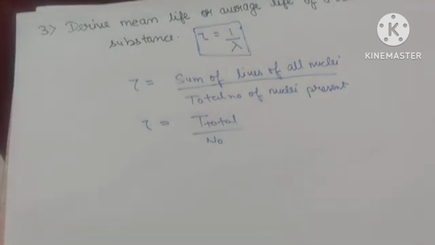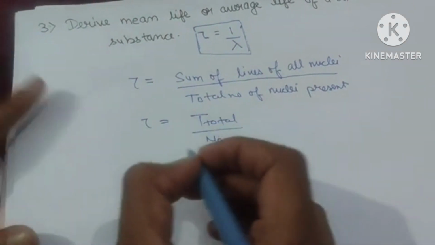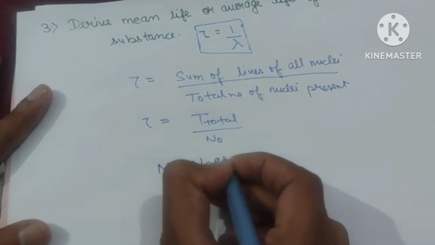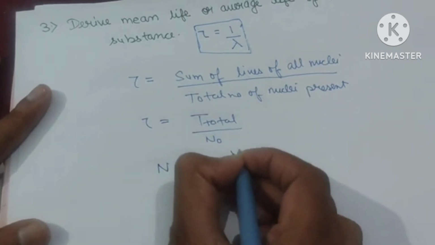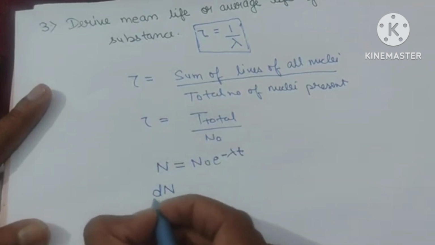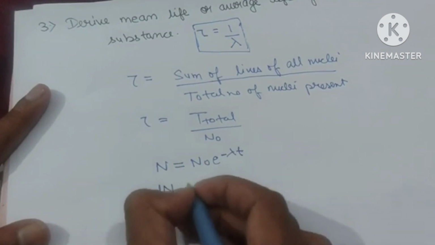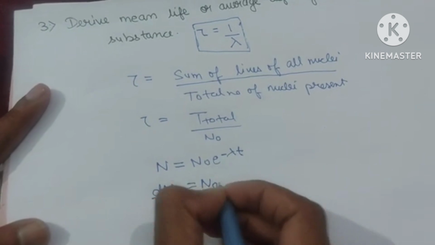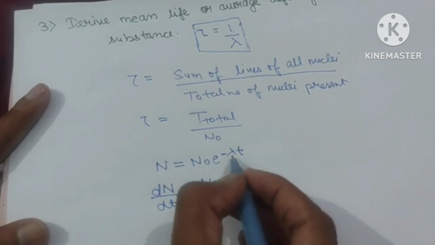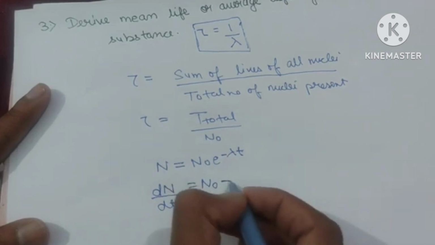From the mathematical law of decay, we have N equal to N naught e to the power minus lambda t. And when we differentiate with respect to t, minus lambda comes out.